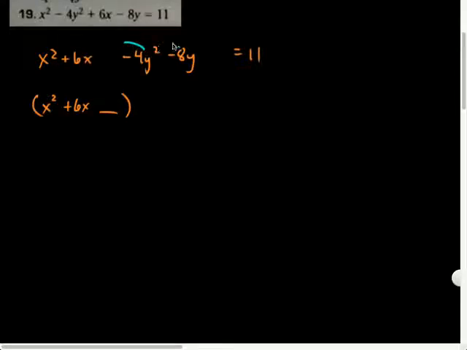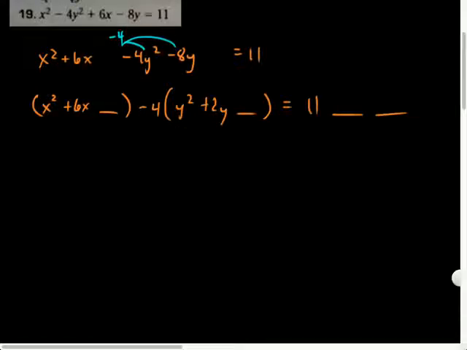For the y's, I'll factor out a negative 4, the leading coefficient. So I'll have minus 4 parentheses, y squared plus 2y, equals 11.